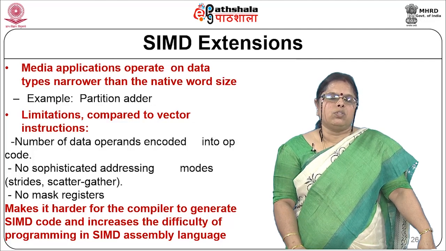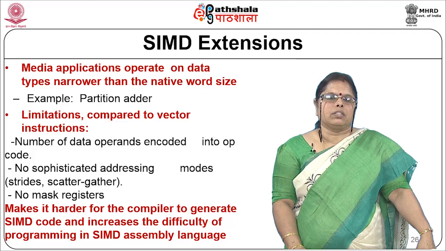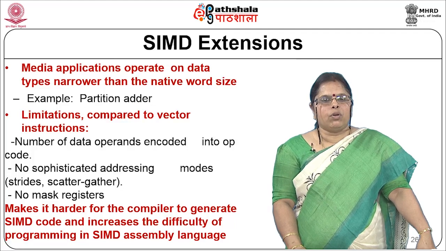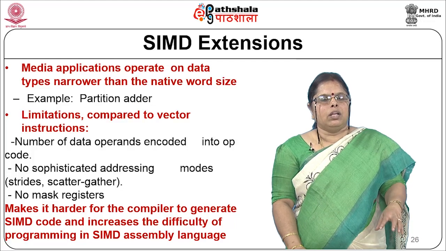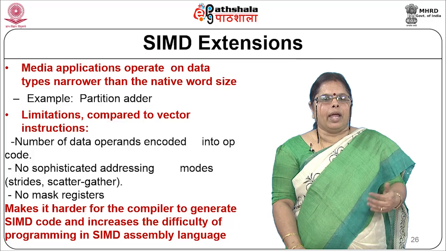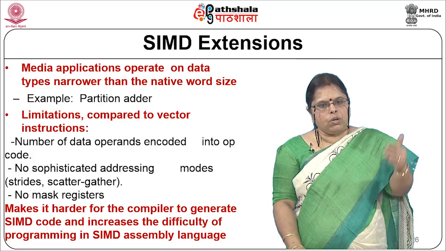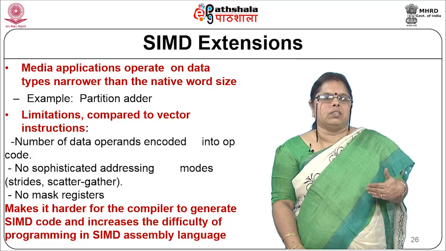But the limitation of such SIMD extensions compared to your vector architectures is that normally if you are looking at 8-bit operands or 16-bit operands or 32-bit operands, the number of data operands is automatically encoded into your opcode. So, the number of instructions clearly increases very much.